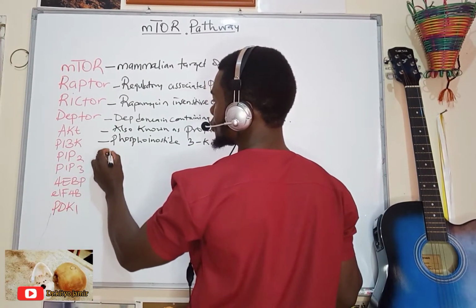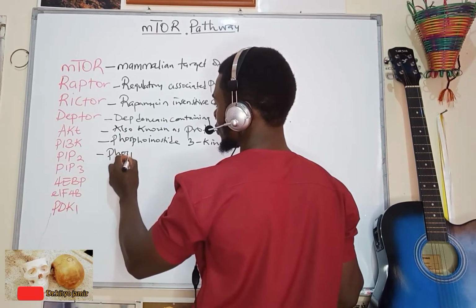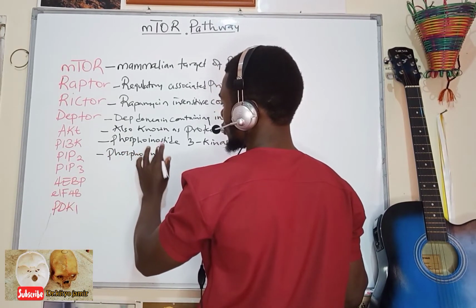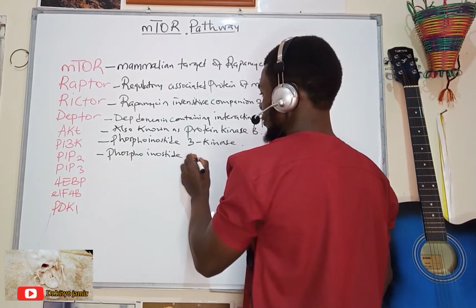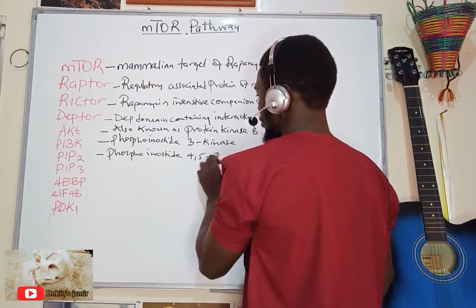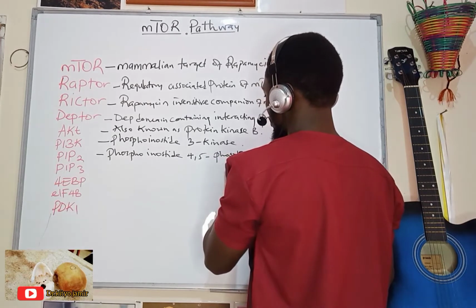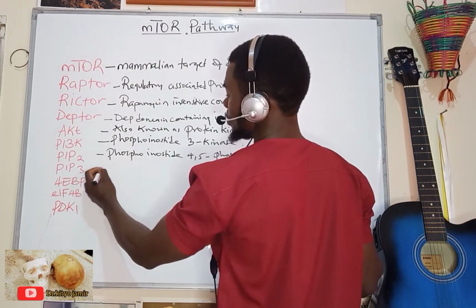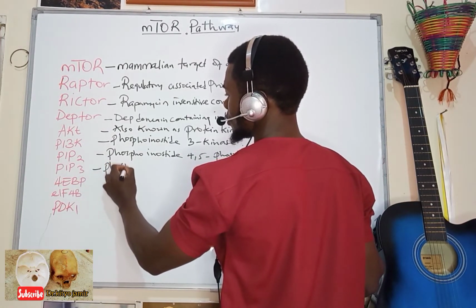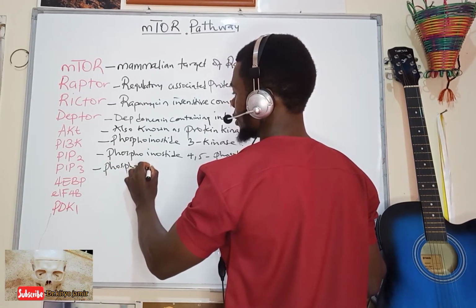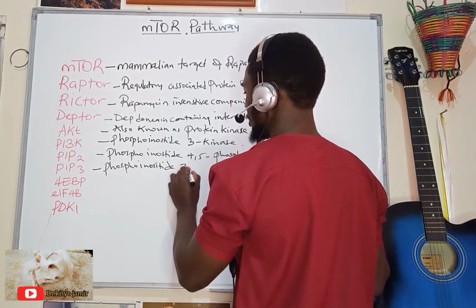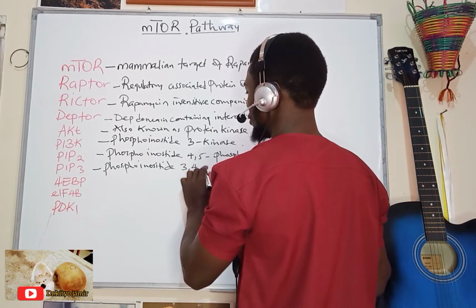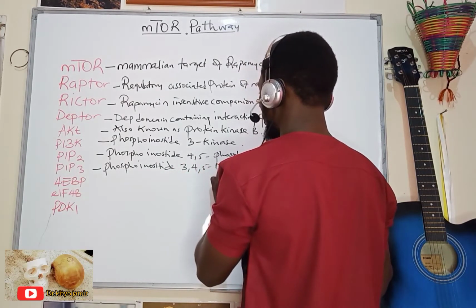PIP2 is phosphoinositide 4,5 phosphate. PIP3 is phosphoinositide 3,4,5 phosphate.